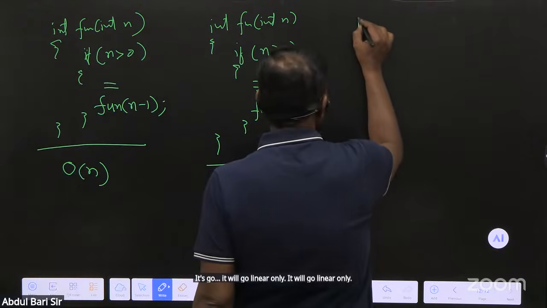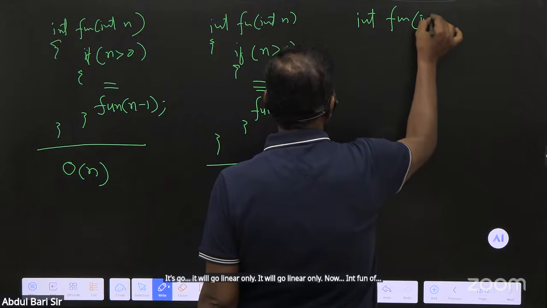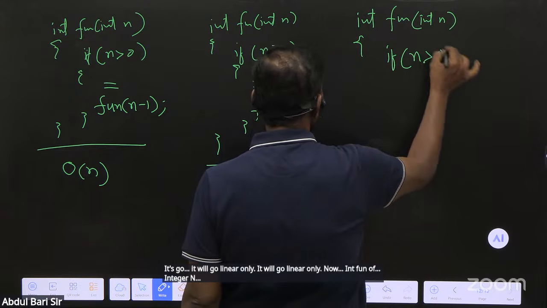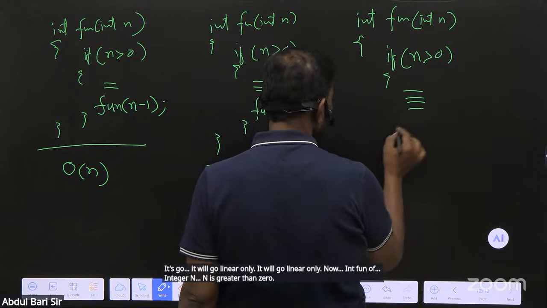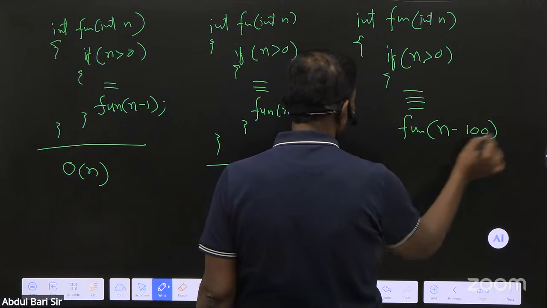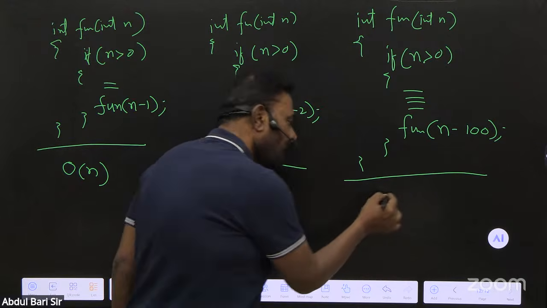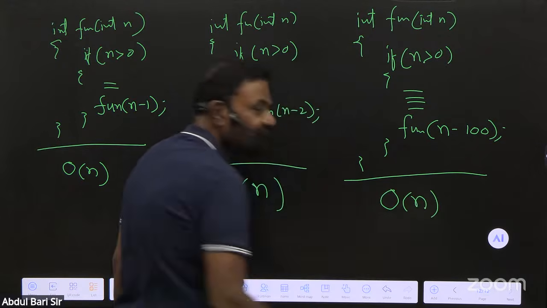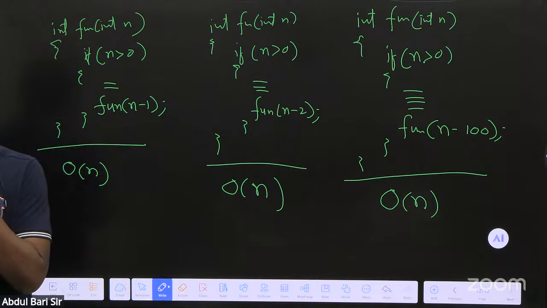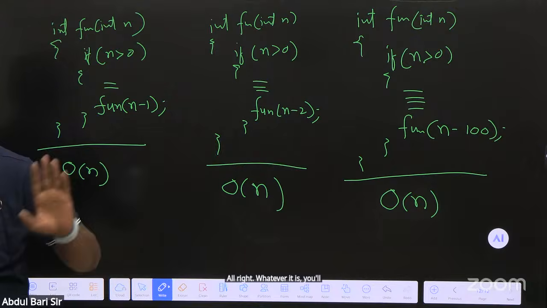Now, int fun of integer n, if n is greater than 0, all right, whatever it is, you'll get order of n only.